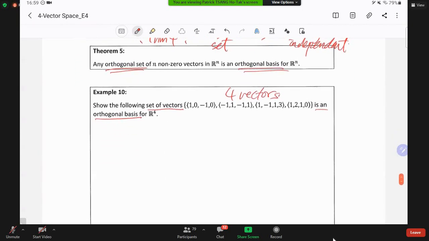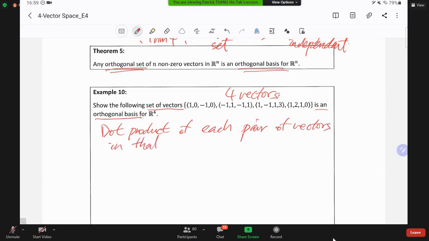Let me tell you, in order to tackle this problem, I give you the starting point so you can start more easily. We are going to deal with the dot products of each pair of vectors in that set.